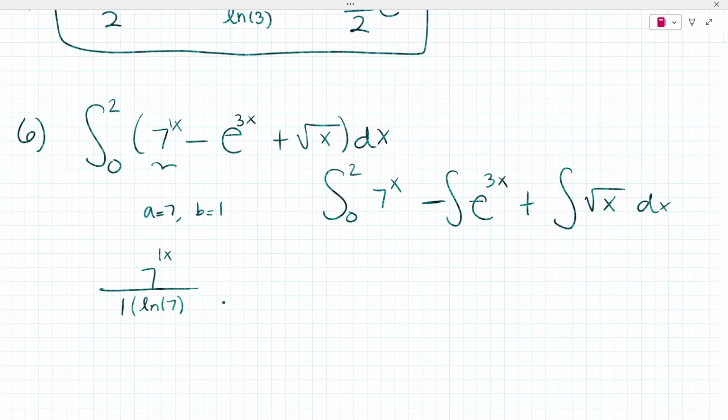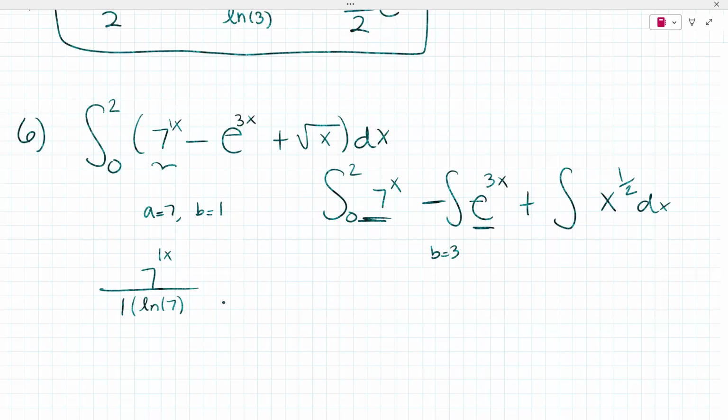Also, to make it easier, for square root of x we're probably going to have to use the power rule. So how do you write square root of x as a power? x to the 1/2, right? Okay, so we did this part. Now let's do this part. So it's e raised to the bx. So my b is 3.